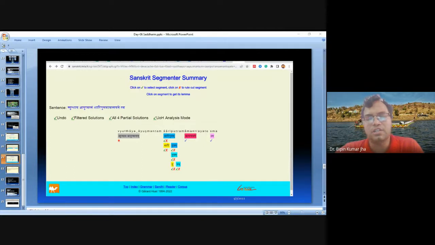It is just one or two sentences to show how we can split manually and how we can use computational tools, and slowly we will try to read the whole text, at least Upaya Kausalya Parivarta, which is one of the chapters of the Saddharma Pundarika Sutra. And the Saddharma Pundarika Sutra is one of the texts of the Navadharma. So today I am just stopping at this point. If you have any question, you can ask.